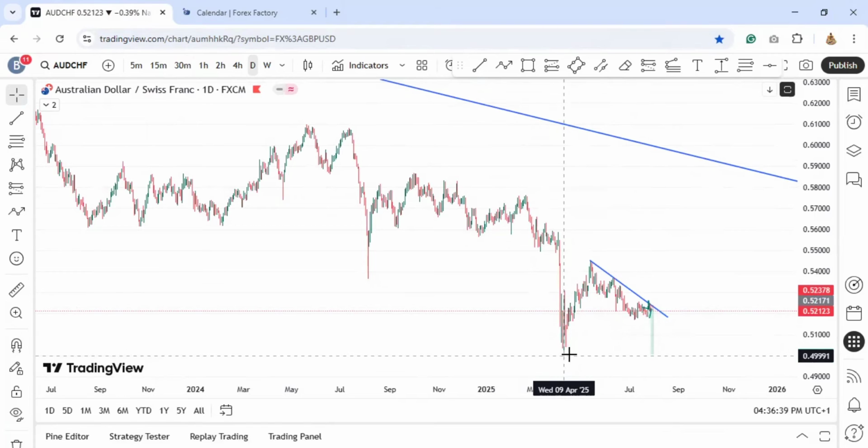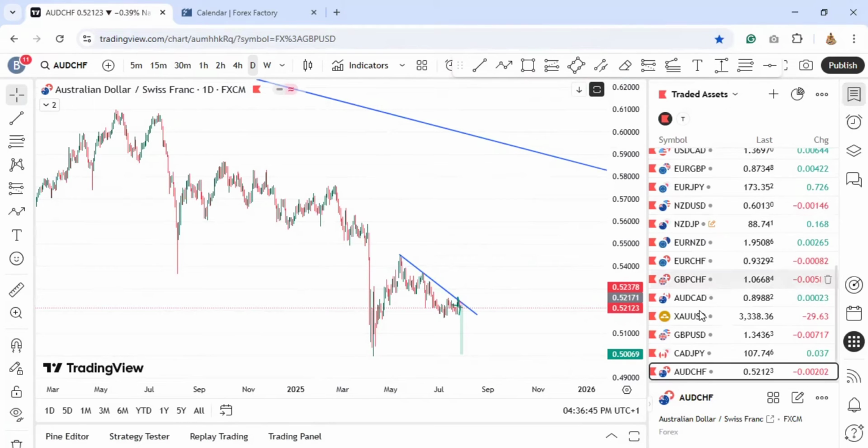So that is what I am eyeing for this week. And most of the other pairs with AUD, they may actually follow the same way as well. That's my analysis for AUD/CHF for the week.